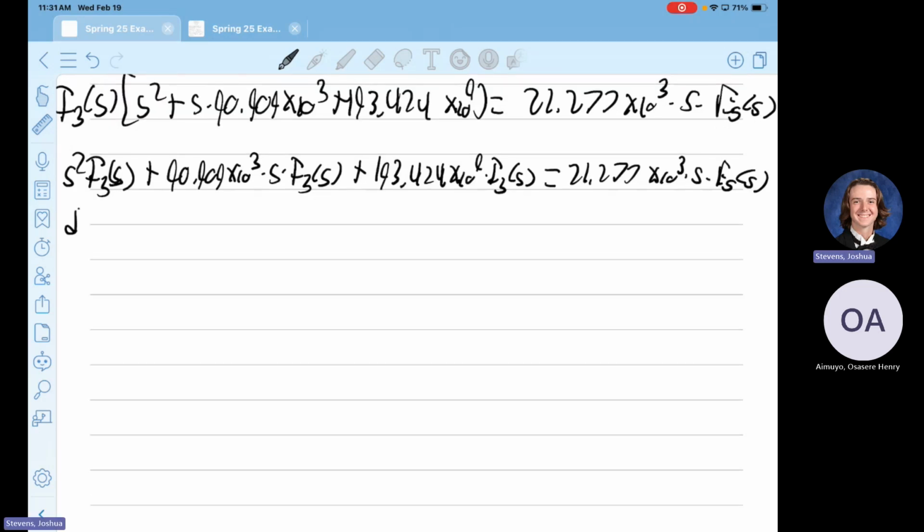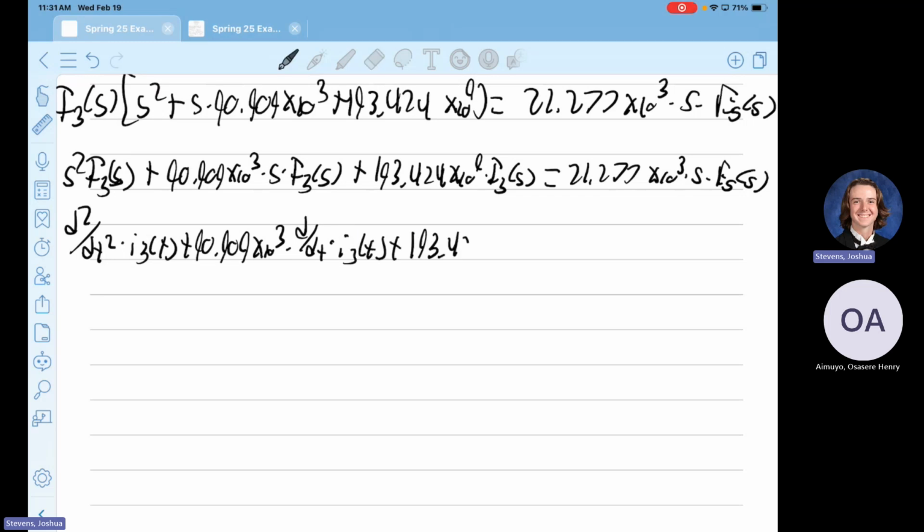So d squared dt squared of I3 of t plus 90.909 times 10 to the third times d dt of I3 of t plus 193.424 times 10 to the 9 times I3 of t equals 21.277 times 10 to the third d dt of EG of t.